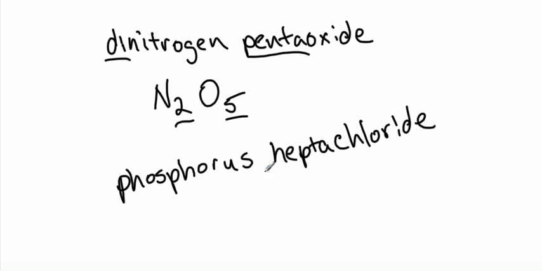So phosphorus heptachloride. Again, we have 1 phosphorus because we just say phosphorus. So we're going to put a P. We don't put the subscript 1 because we don't put 1s in chemistry. Heptachloride. So we have chlorine from the chloride, hepta means 7. So PCl7.